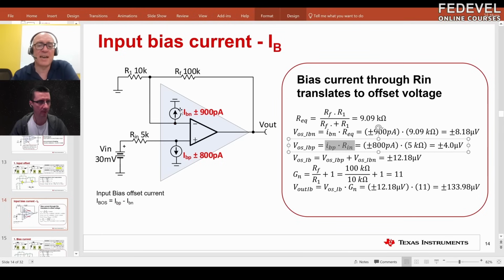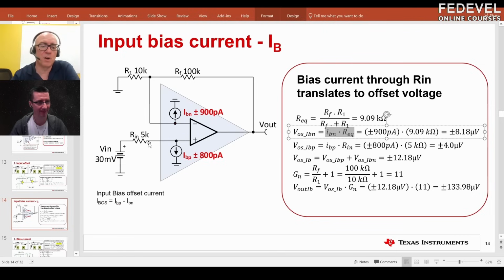But for the feedback resistors, it flows through the feedback resistors, then gets reflected to the non-inverting input. The way that you do that is by taking the parallel equivalent circuit, so RF in parallel with R1, and that's called REQ, and that gets multiplied by the input current to give us another error source.